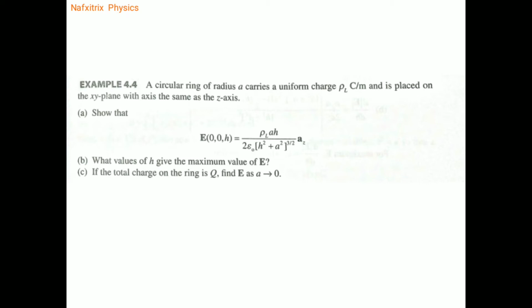Here a circular ring of radius A carries a uniform charge rho L coulomb per meter.